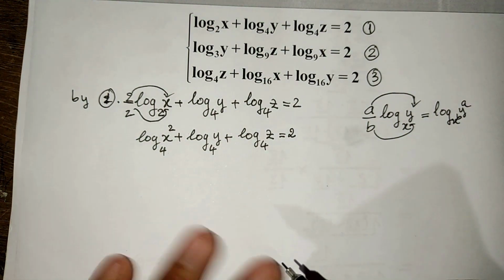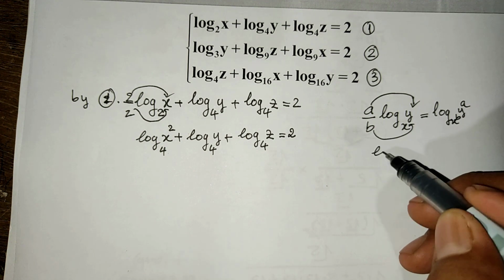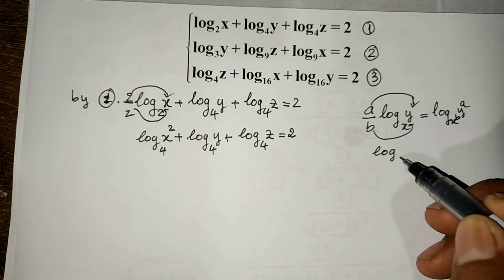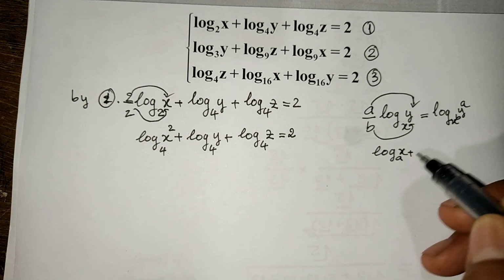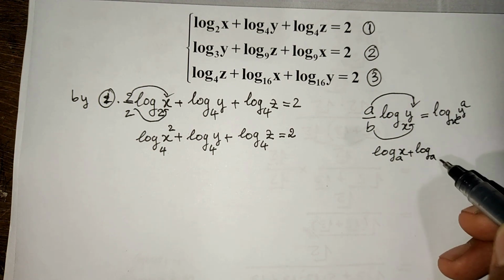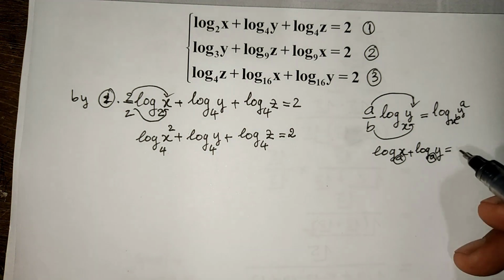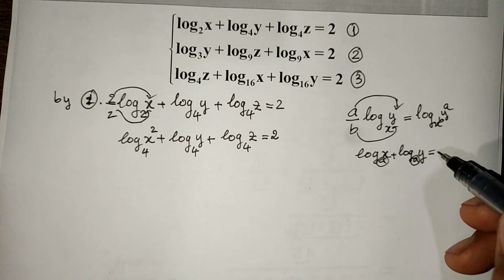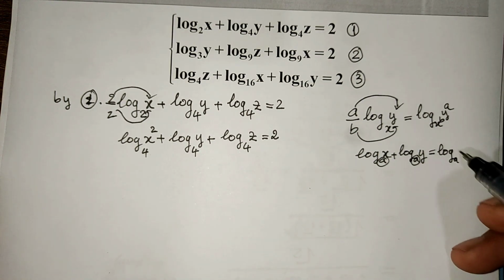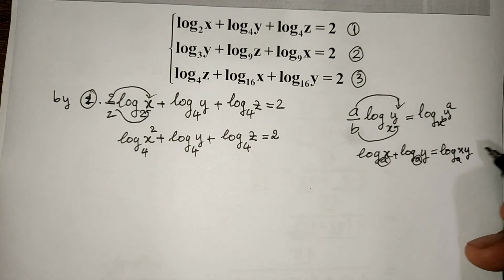Now we use the formula that log base a of x plus log base a of y, when it is the same base, equals log base a of x times y.